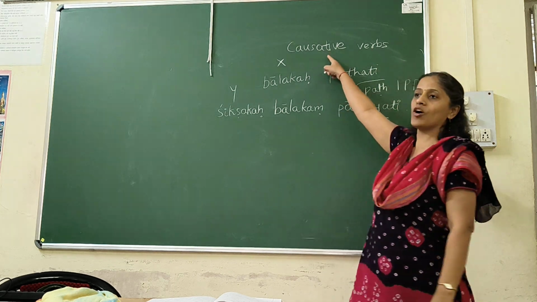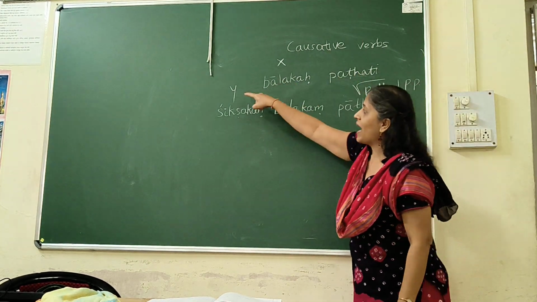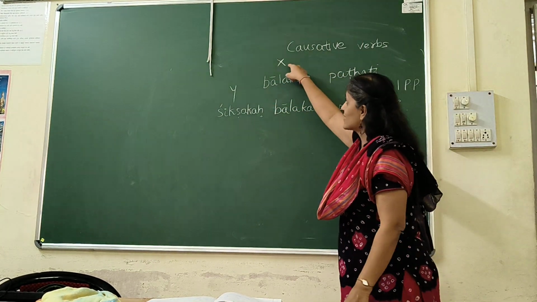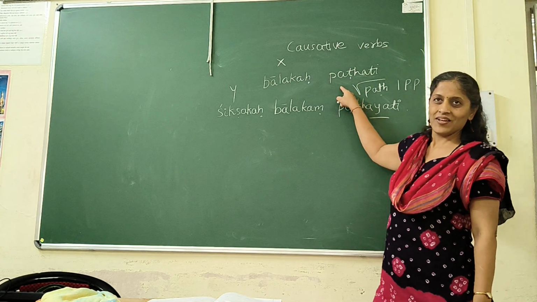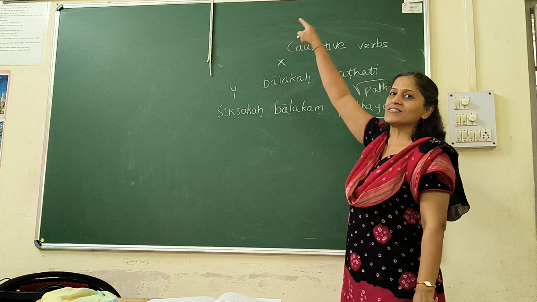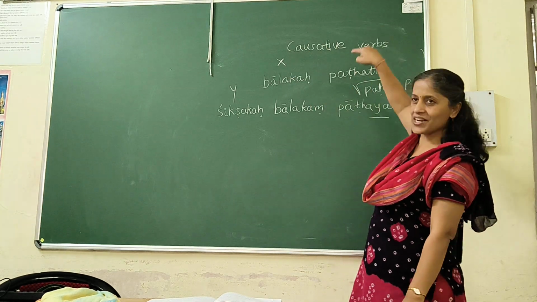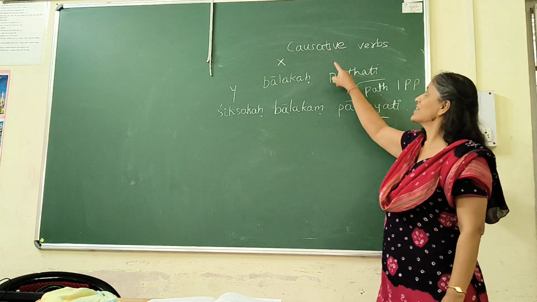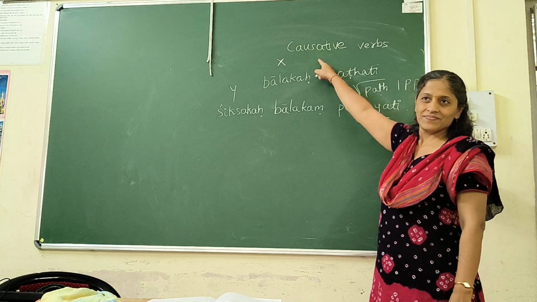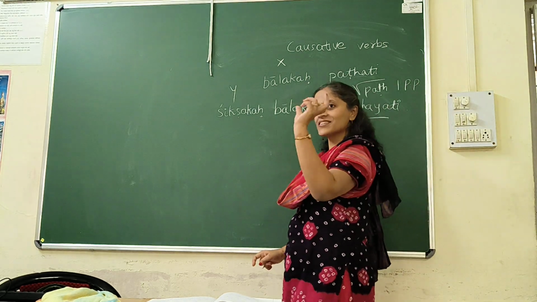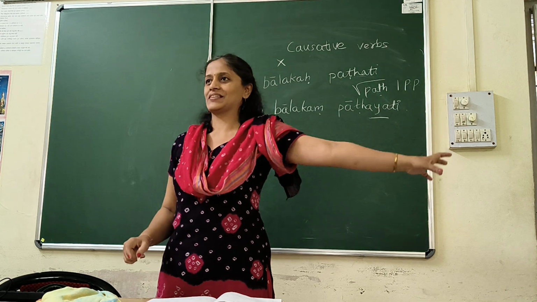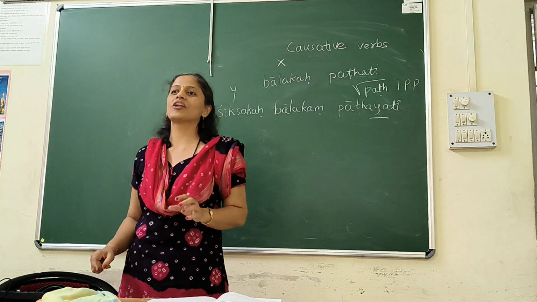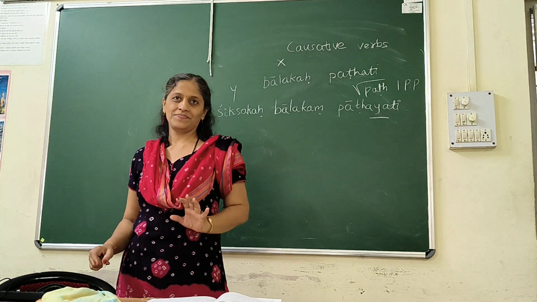Then it is called causative. Y causes X to read. Why is it causative? Because it's a cause, a reason, that Y is making X read something. That is called a causative verb.